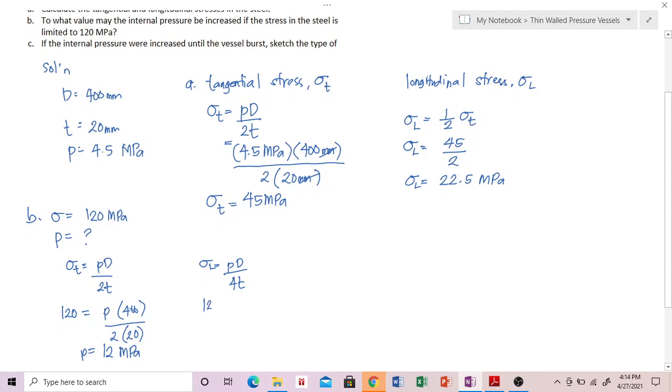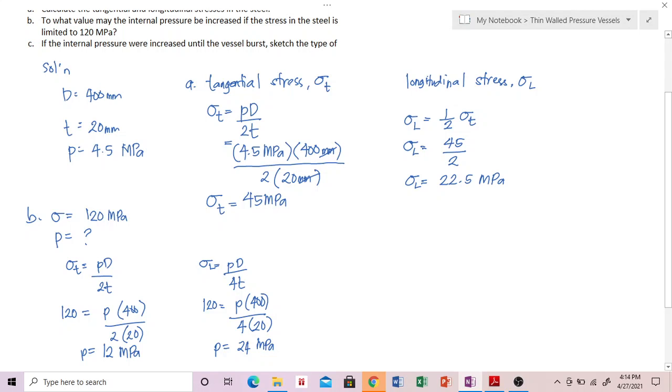Ngayon, 120 is equivalent to P multiplied by 400 over 4 multiplied by 20. So, obviously, P will be equal to 24.